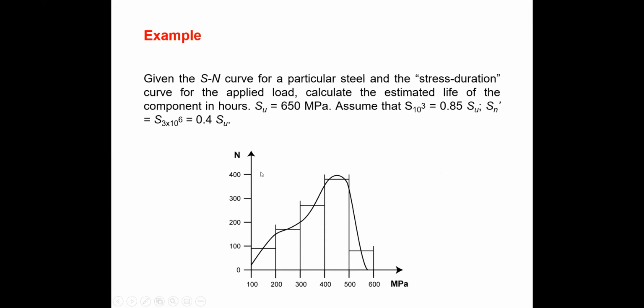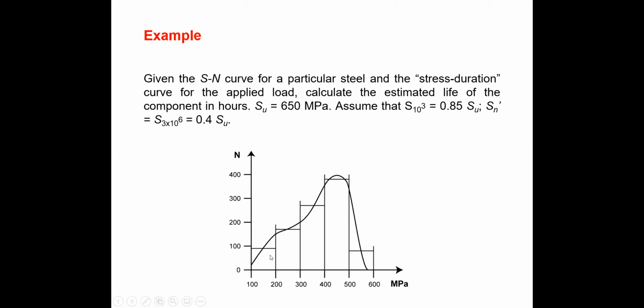With this example, let's see how we can use that Miner rule. You can see there is an x-axis and a y-axis. Sorry, this is the number of cycles, not load. Number of cycles on the x-axis, and this is stress. You can see the stress ranges: 100 to 200, 200 to 300, 300 to 400, 400 to 500, 500 to 600.